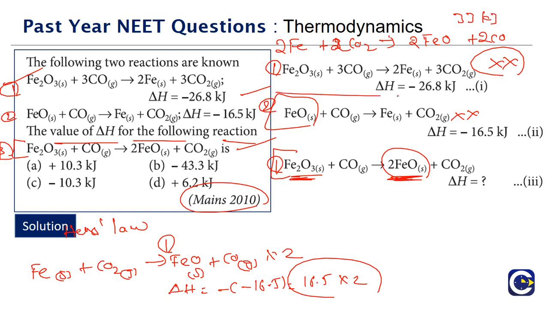Now for now just forget about the second equation, its story is over. Let's look at the first equation and the modified second equation. Add both of them. What you will observe is 2Fe is cancelled, and here 2CO2, there 1 CO2 will be on the product side. Here 2 CO and 3 CO, so 1 CO will be on the reactant side.